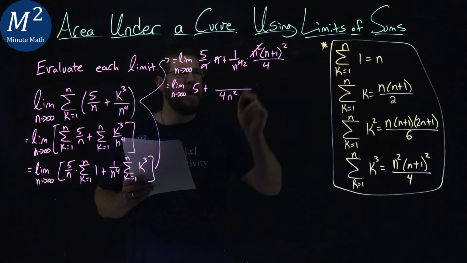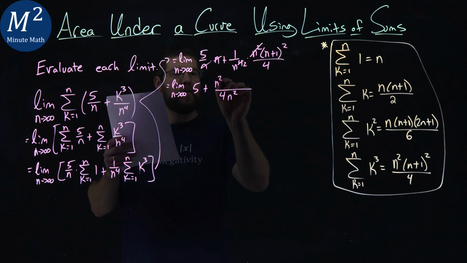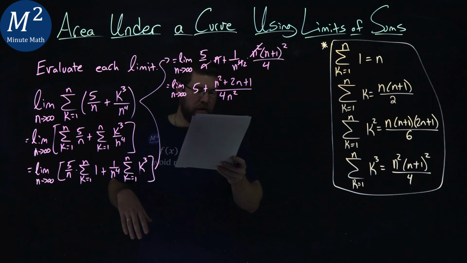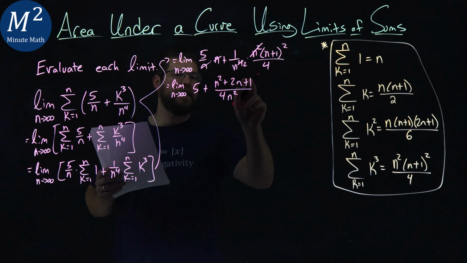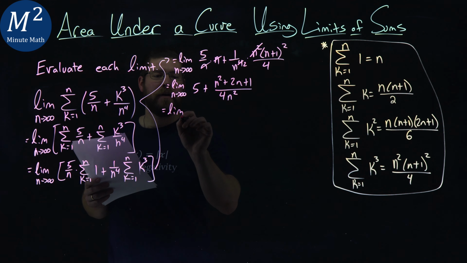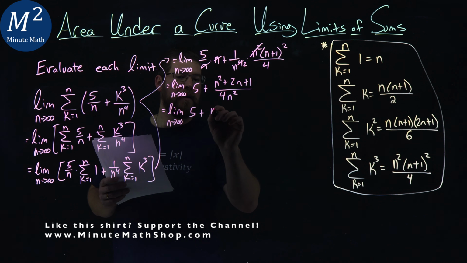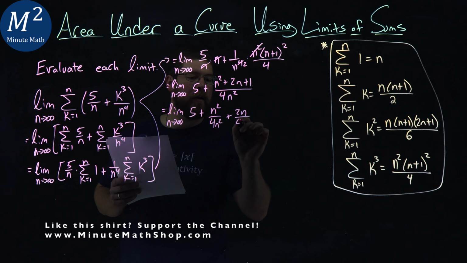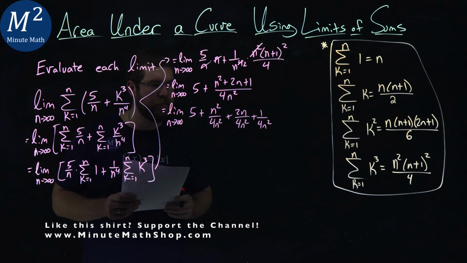And n plus 1 all squared comes out to be n squared plus 2n plus 1. Now I'm going to take this 4n squared to each part. We have the limit as n approaches infinity of 5 plus n squared over 4n squared plus 2n over 4n squared plus 1 over 4n squared.